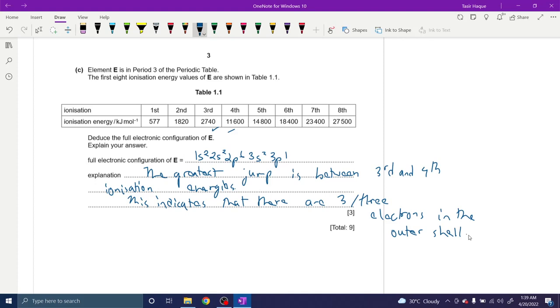I mean, if you say that it's in group 3 or in group 13, it might be okay, but it's just best to break it down to the examiner. Okay, sometimes it may be vague. What does being in group 3 mean? Right, you're supposed to break it down to the examiner in the simplest form, basically.